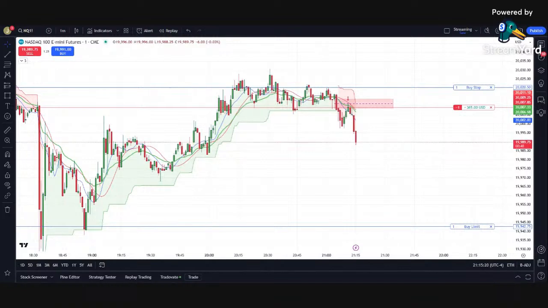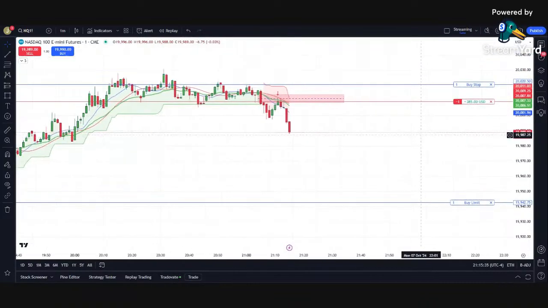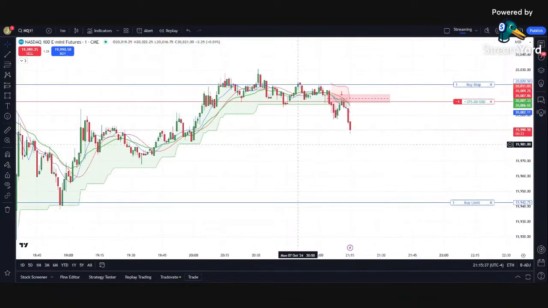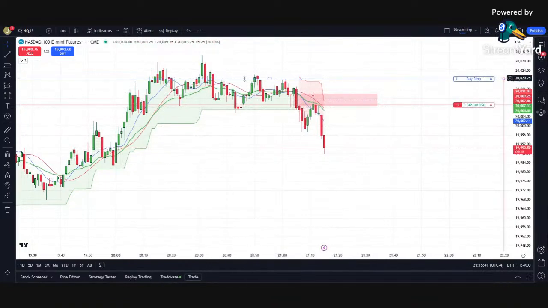So, displacement. This is sometimes hard to understand, but I'll give you two examples.